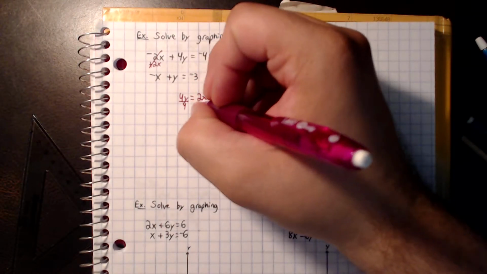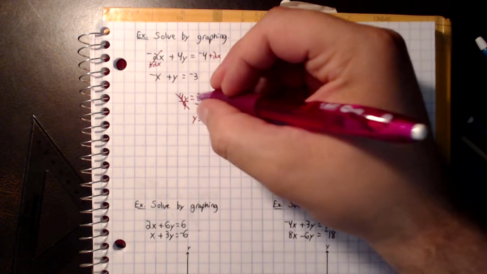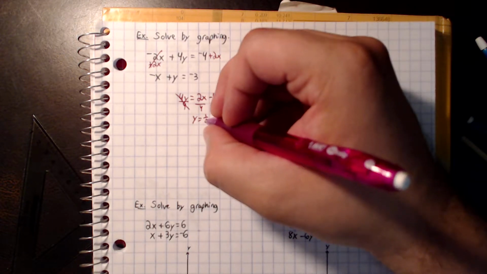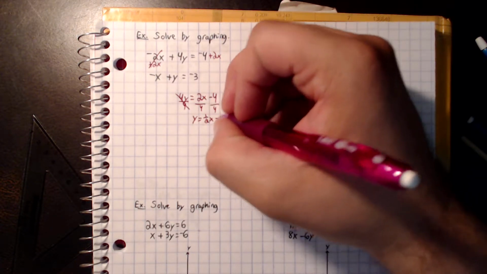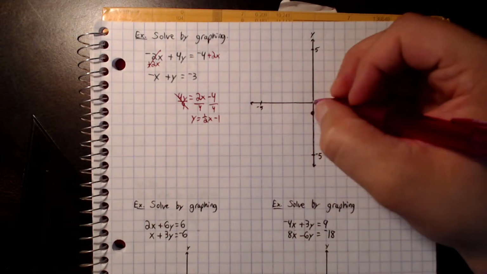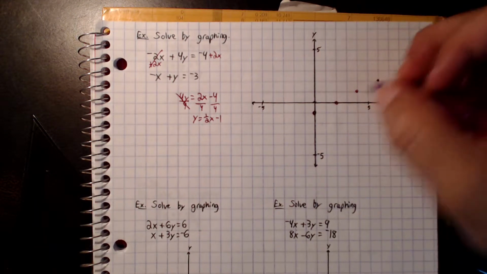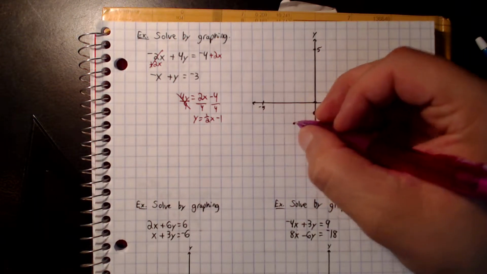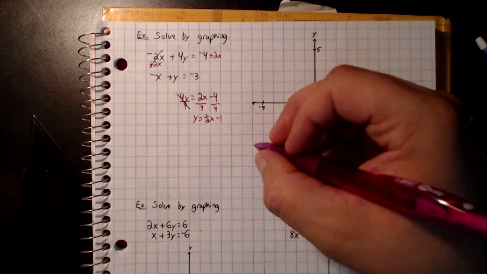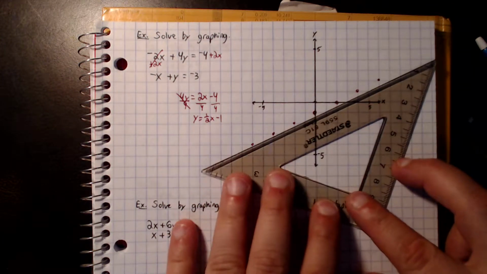Again, we'll divide by 4. This will reduce to 1/2, and this will reduce to -1. So now I can graph. Here's my y-intercept, my slope of up 1 over 2, or down 1 backwards 2. Okay, and then we'll draw that line in.